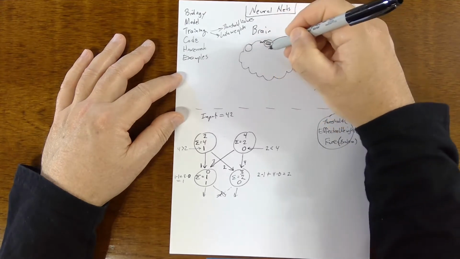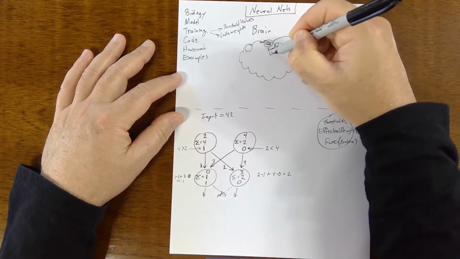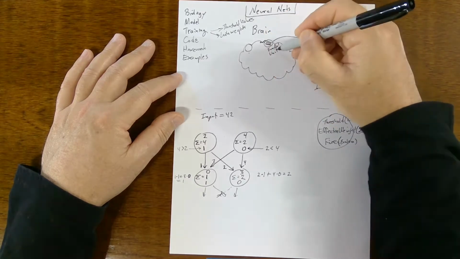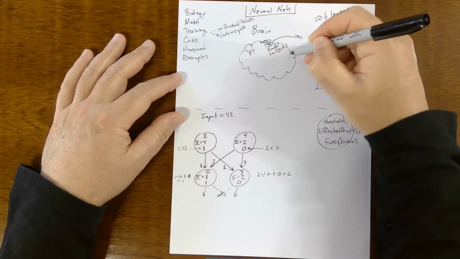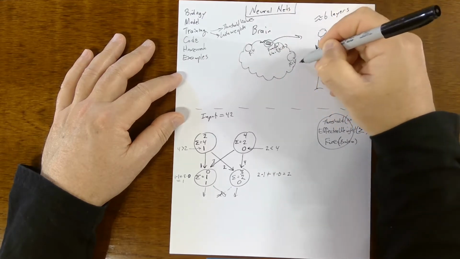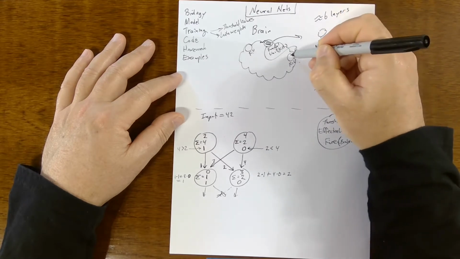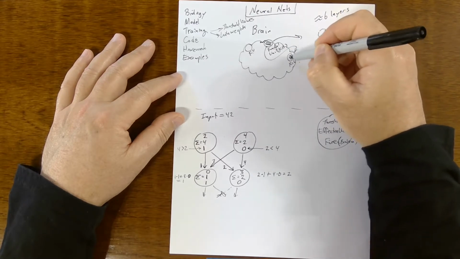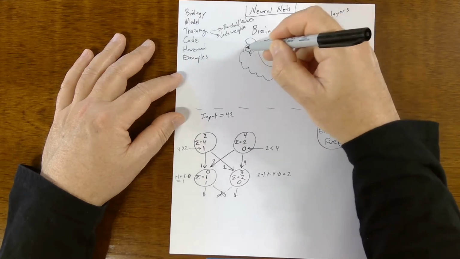Before I move on, this makes up a functional unit, or FU. There could be another FU over here and another FU over here. This little FU will have an output, and it might come into this one, trickle through this part of these neurons, and then maybe come over here and trickle through these.